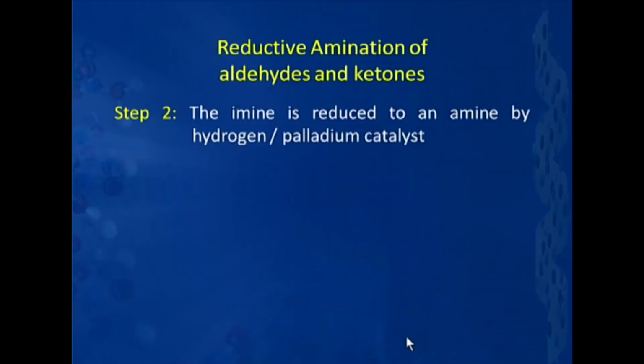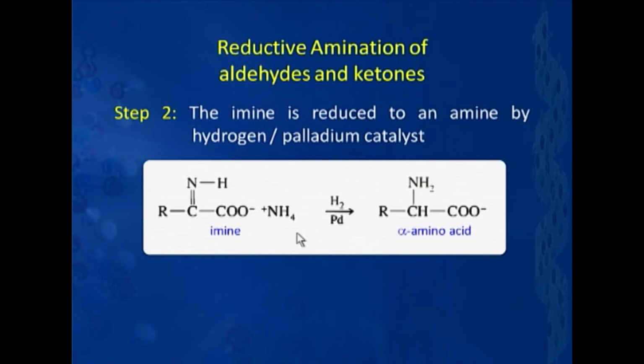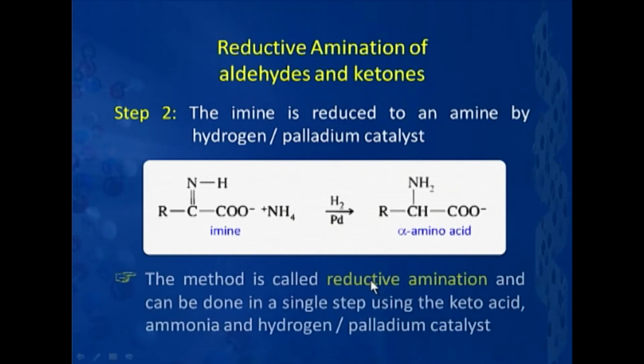And in the second step, this imine is reduced with the help of hydrogen in presence of a palladium catalyst. The reaction is as follows: this imine gets reduced to an amine, and what I get is my alpha amino acid. So, very simple method to do that. Now, the method actually is called reductive amination, because we are first doing amination and then trying to reduce it.